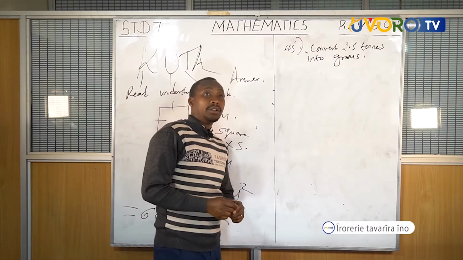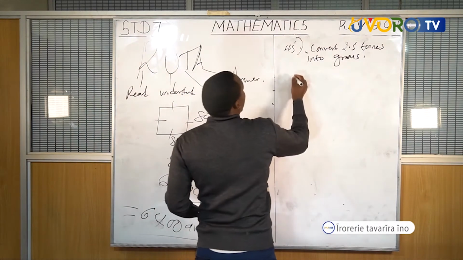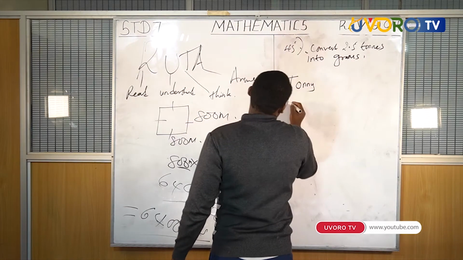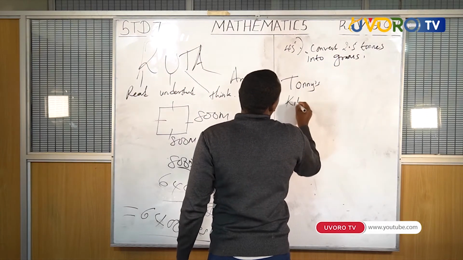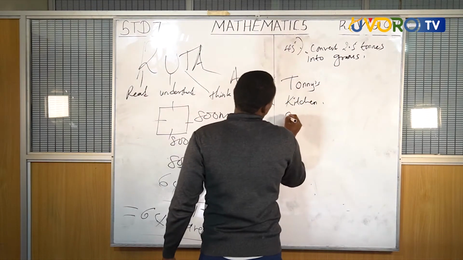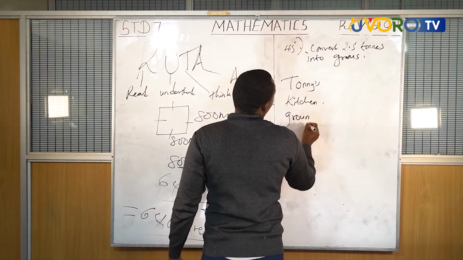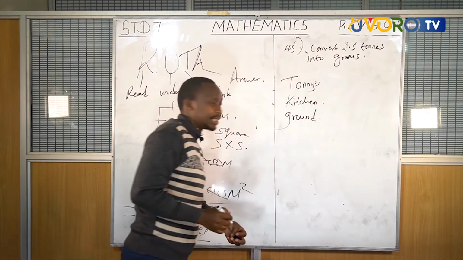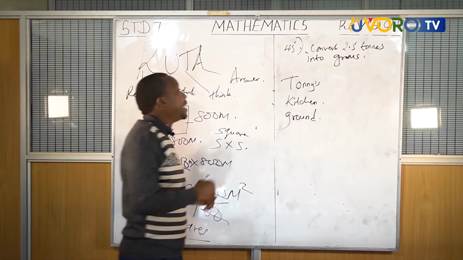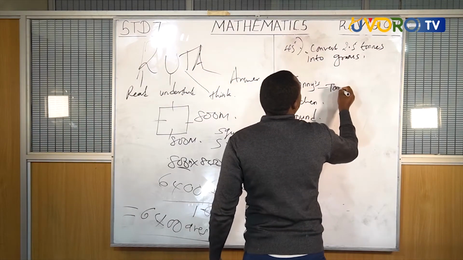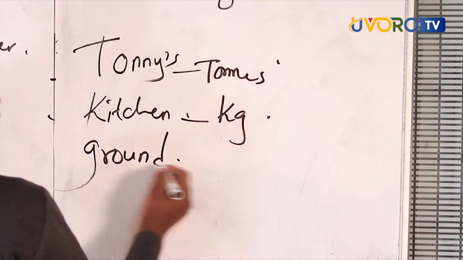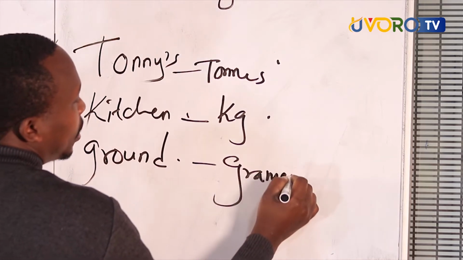We have somebody called Tony. Tony's kitchen ground, meaning T for tons, K for kgs, and G for grams.